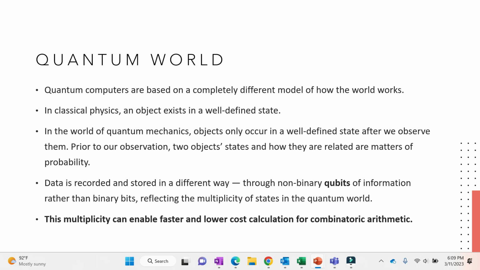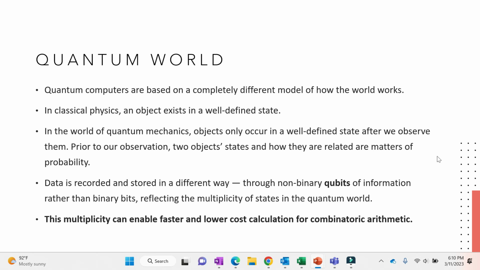So what is used there is known as a qubit, a qubit of information. These are not binary bits, and they are designed specifically for quantum computing because they can reflect the multiplicity of states in the quantum world. This multiplicity is complex, but it can enable faster and lower-cost calculation for combinatoric problems. For any kind of combinatoric or complex problems that we were talking about, quantum computing with qubits would be much easier.